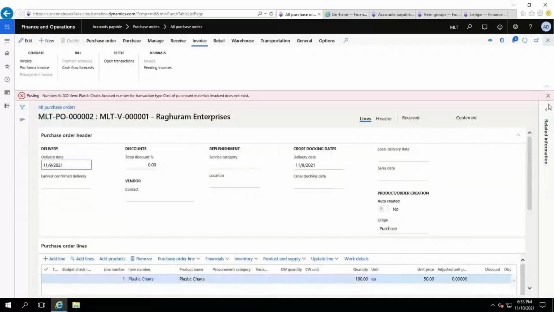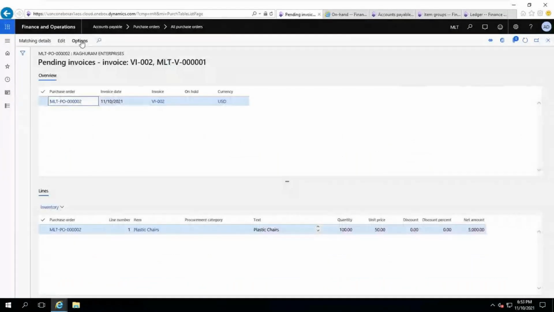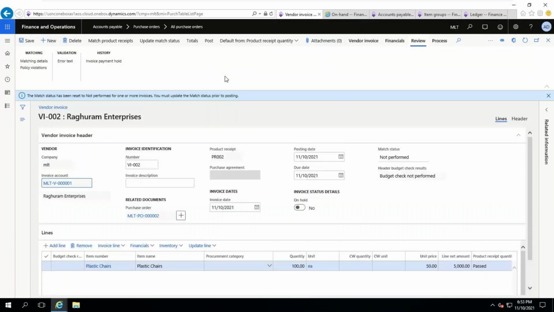Let me get the error message, pending invoice. Edit. Intentionally I have not mapped ledger accounts, that is the reason I am getting these error messages. So let me update the match status. It should always be passed. Let me post.